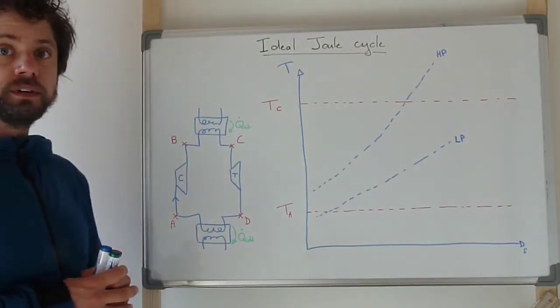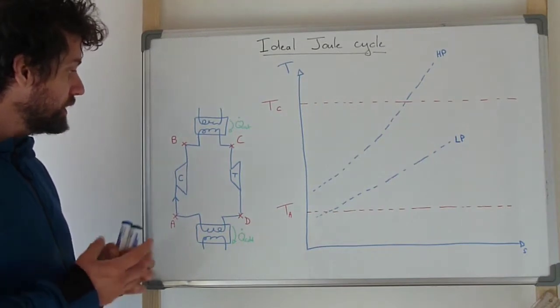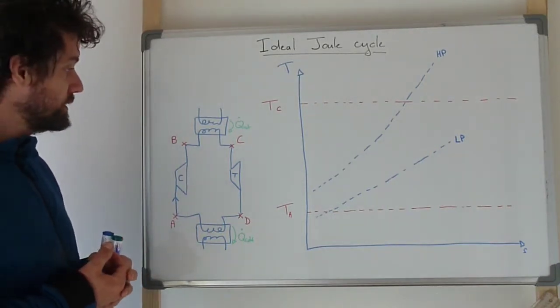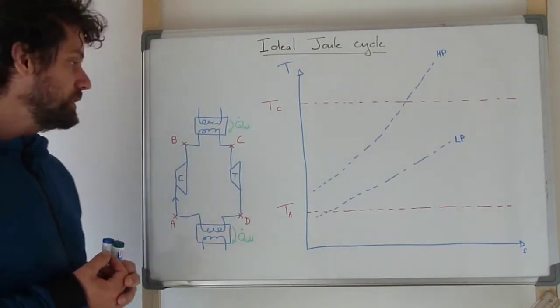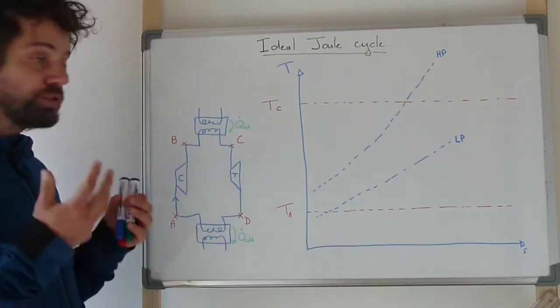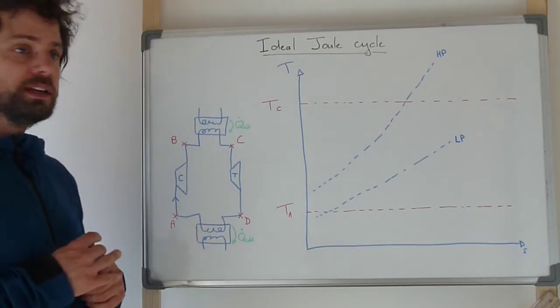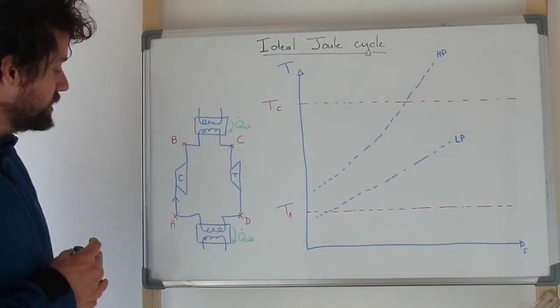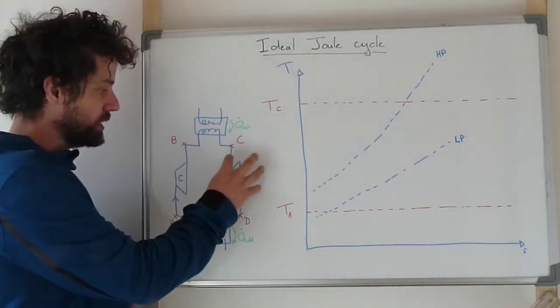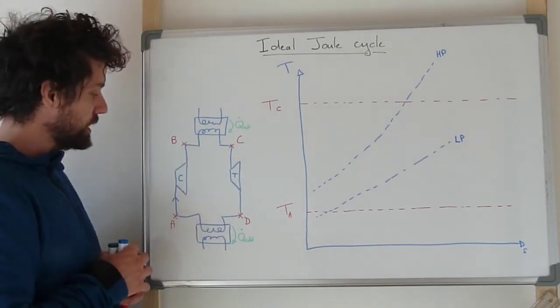Then another thing that we can observe is that we have two key pressure levels, because we have two transformations only with pressure variations. That's the compression and the expansion in the turbine.